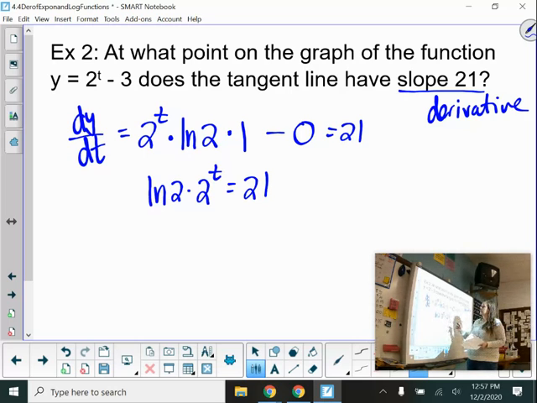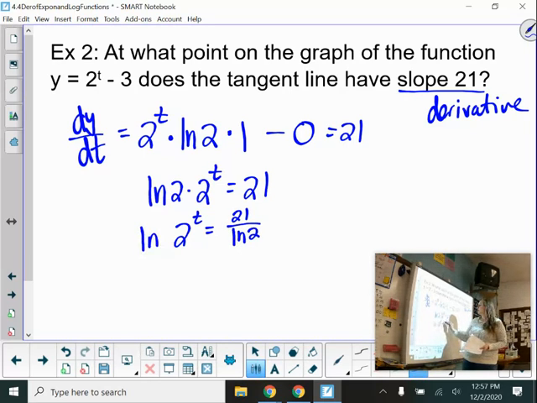You can divide both sides by natural log of 2, but this is something where it's not going to be very pretty. So even if you do go through and do all the arithmetic for this, we have 2 to the t is equal to 21 over natural log 2.